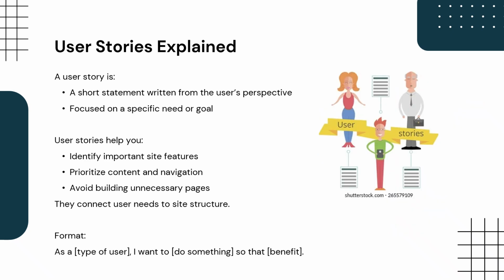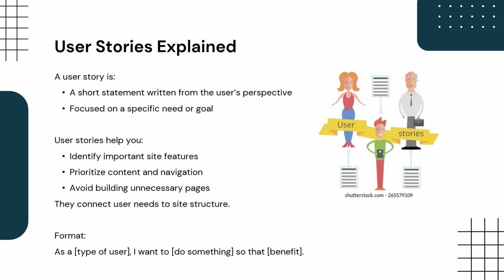A user story is a short statement that captures a user's needs from their perspective. It always follows a certain structure. Here at the bottom, I'm showing you that structure. The way you write it is: as a, and then type of user, I want to, and then do something, so that, and then their benefit or their reason.